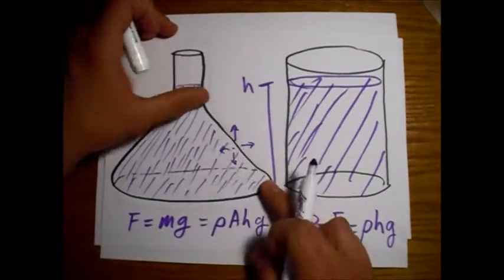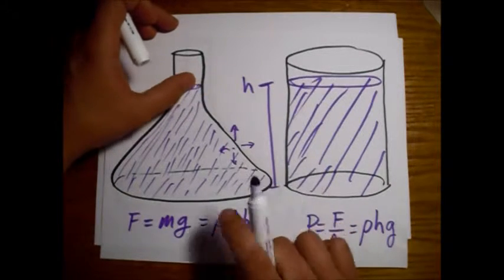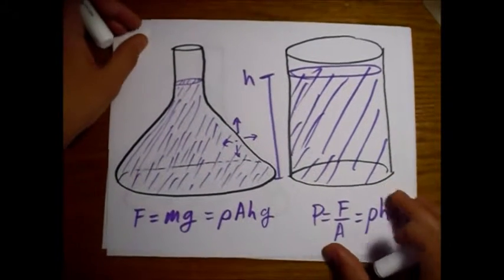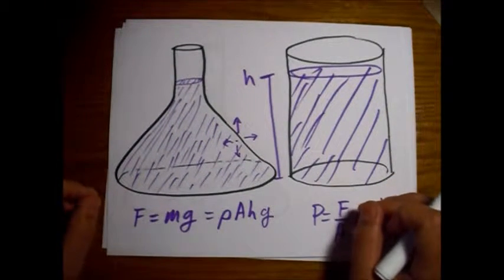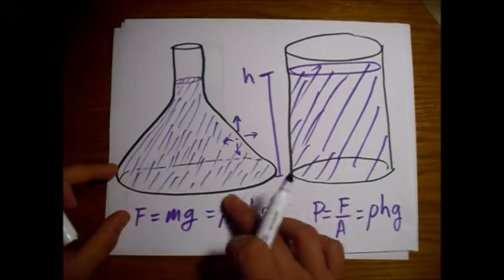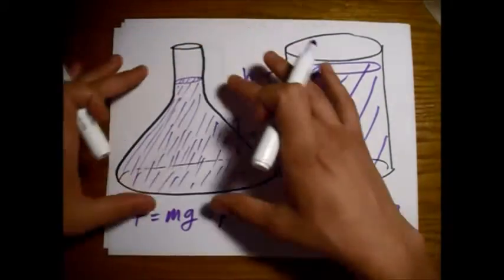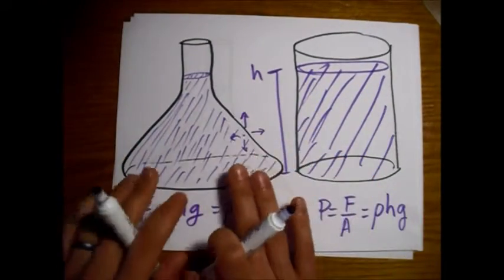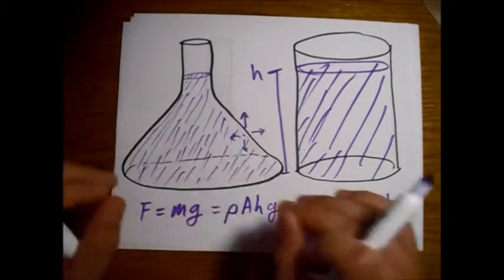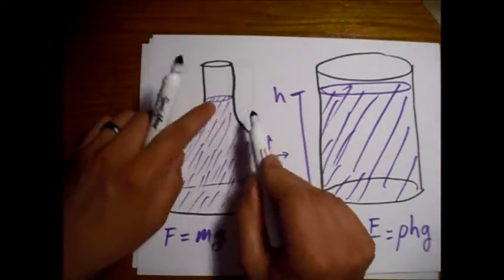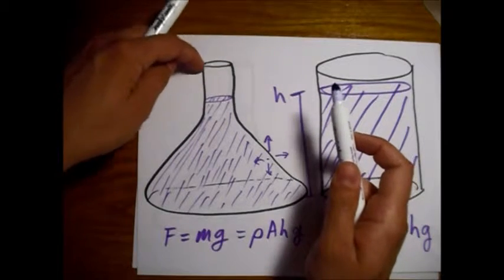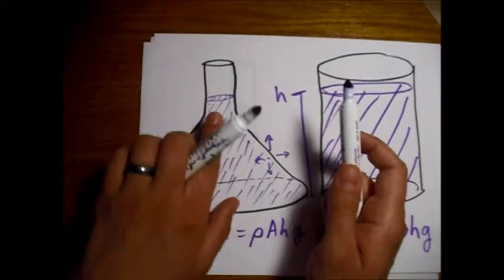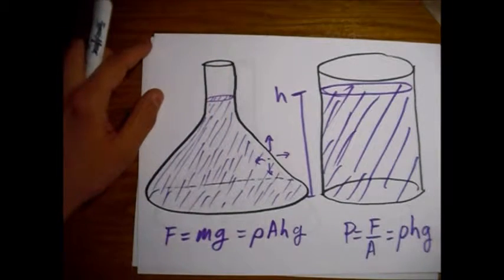But because of the angle of the side of the glass here, we also have a component pointing upward. So when you look at the force pushing downward on this whole flask, you also have to take into account the force pushing upward on these sides. And obviously, you'll have to take out this little area for the opening, where there's no part of the glass for the fluid to push on.